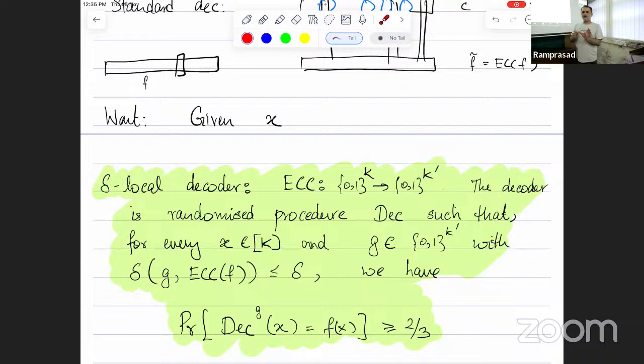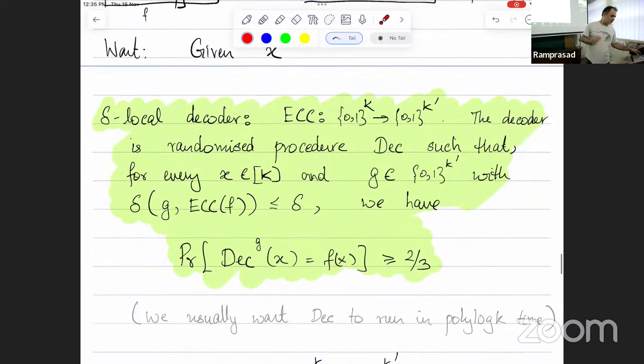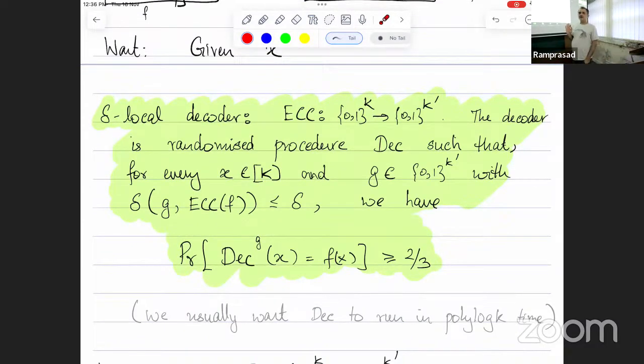Except the decoder is not going to run in time proportional to the length of G, but it has read access to G. Any specific bit of G it wants, it can go and query. That's why I put G in the exponent, to mean that it has oracle access to G. And typically, we would want the decoder to run in polylogarithmic time.